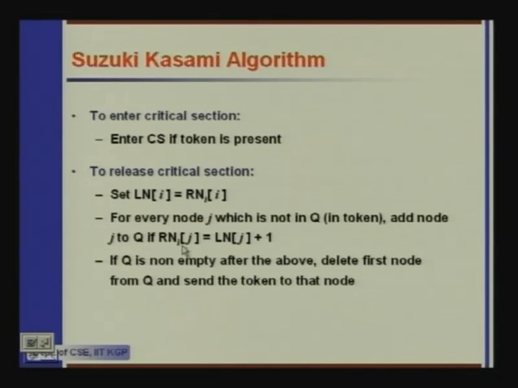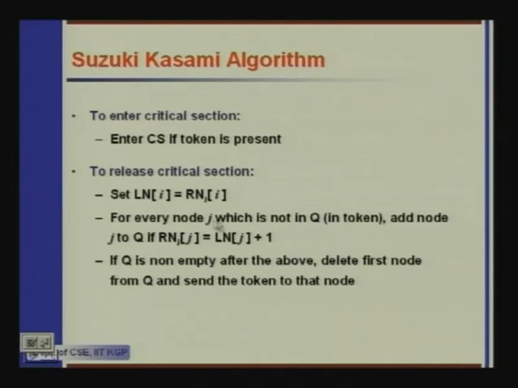How do we make out it is a new request? If RNi[j] is LN[j] plus 1, if the sequence number of the request from j is greater than LN[j], it can be greater by only 1 of course, then we update it in the queue.